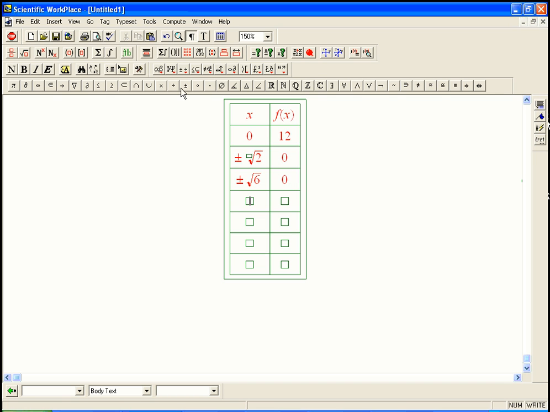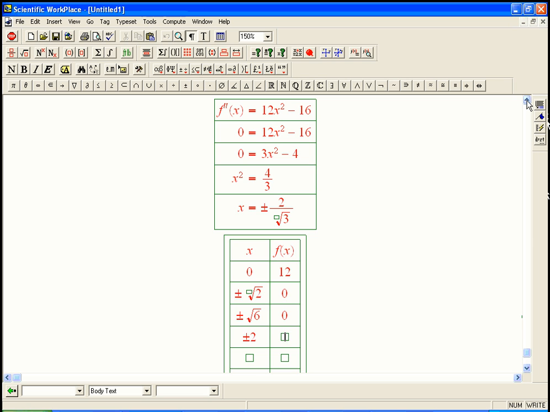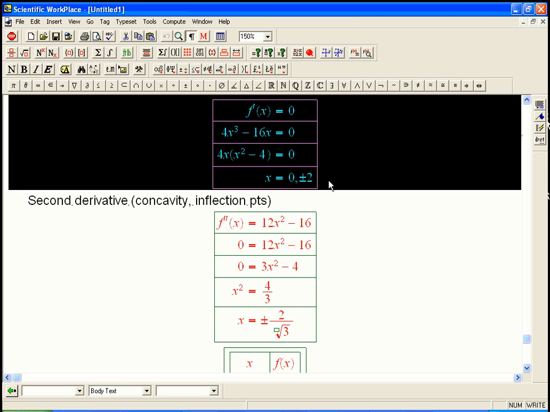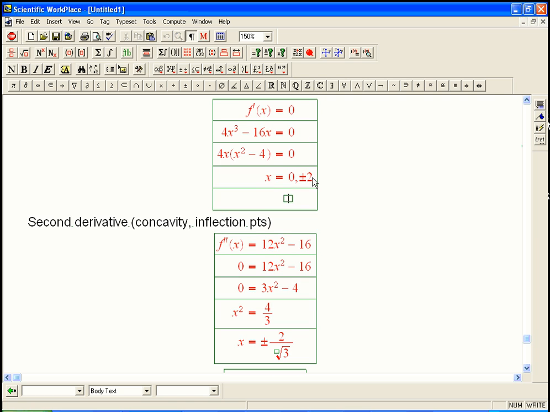And then plus or minus 2, we found those to be points where the derivative was 0. Let's actually plot those guys. We're actually going to have to plug them into f of x. F of 0 we already knew was 12.